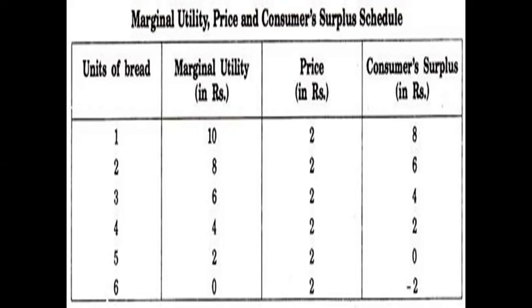So the price remains constant and consumer surplus becomes 8 in the first case. When the demand is 2, it is 6, and when demand is 3, it becomes 4. When the demand is 4, it becomes 2, at demand 5, it becomes 0, and at demand 6, it becomes -2.